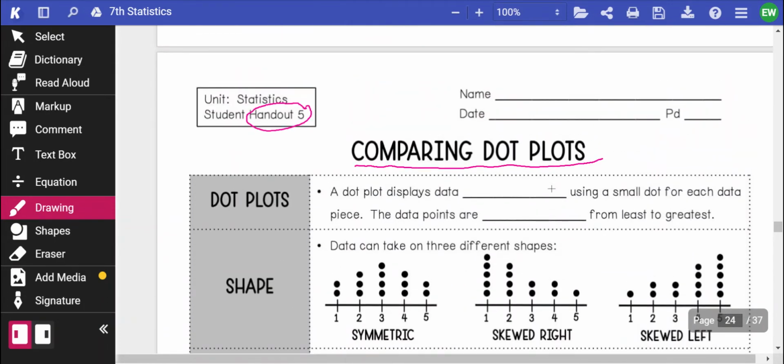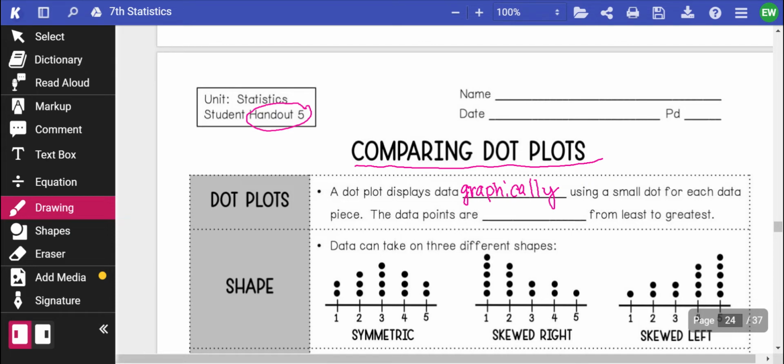All right, let's get into the notes. A dot plot displays data graphically, using a small dot for each data piece.